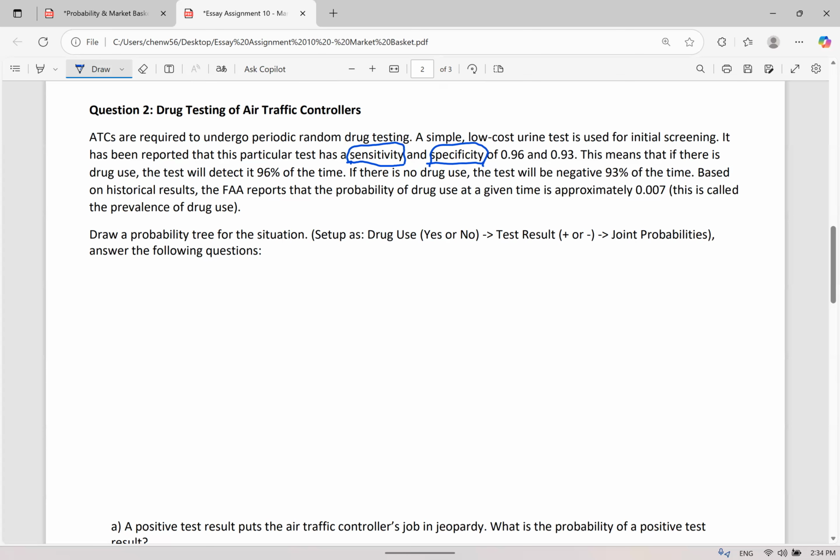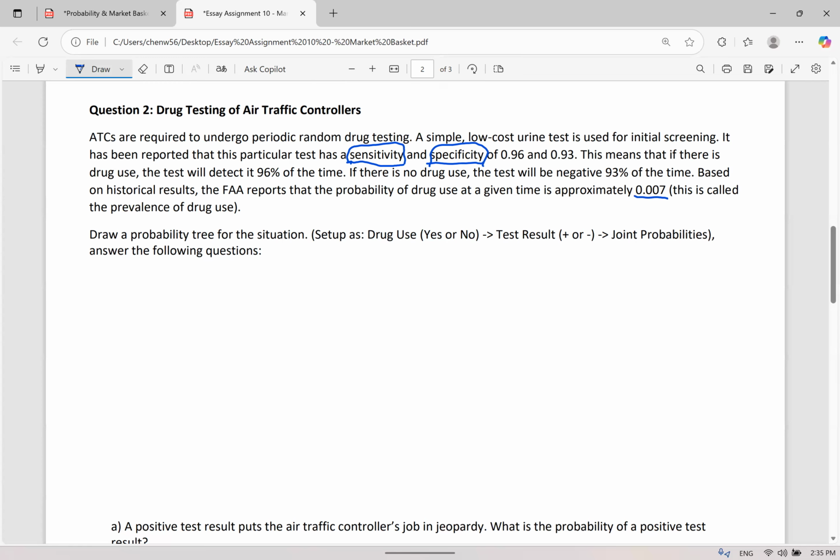This means that if there is a drug use, then the test will detect it 96% of the time. If there is no drug use, then the test will be negative 93% of the time. Based on the previous records, the FAA reports that the probability of drug use at a given time is approximately 0.007.